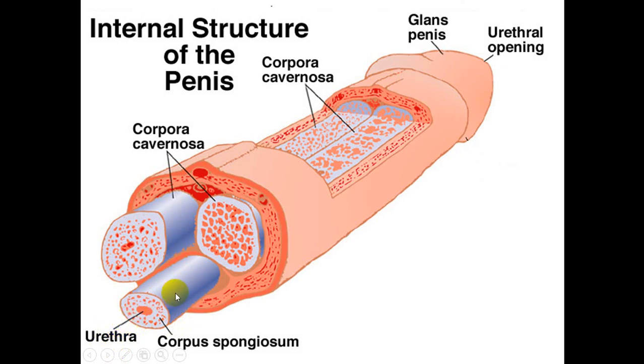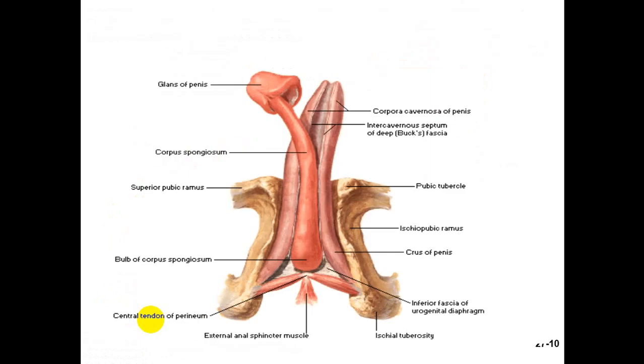So when the urethra passes through, before urine or semen will go through, the corpus spongiosum has to what? Contract and relax. Contraction to push out the urine or the semen. So these are the four erectile muscles. We have the corpora cavernosa muscles, then we have the corpus spongiosum muscle. They are a pair each.